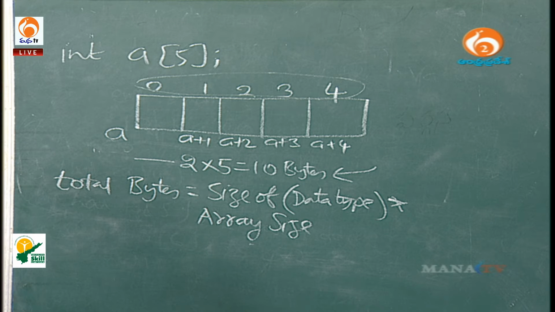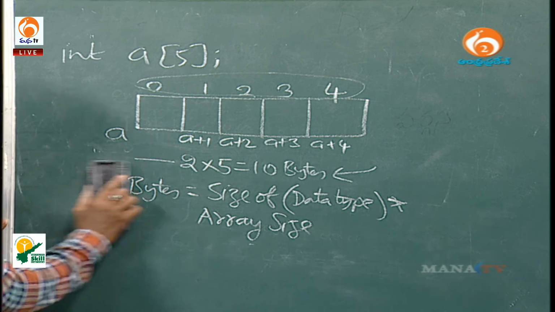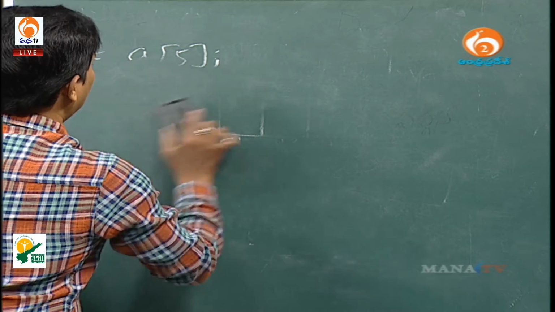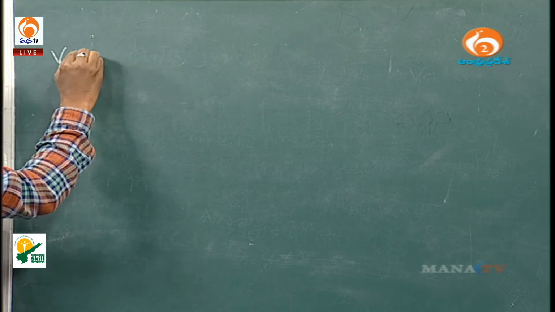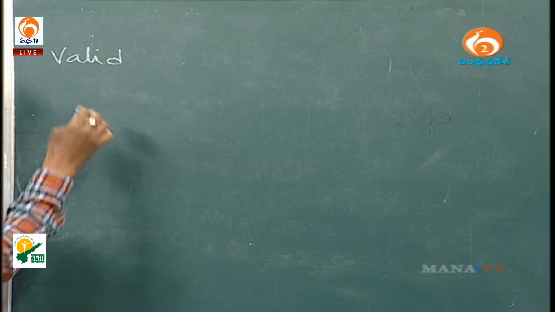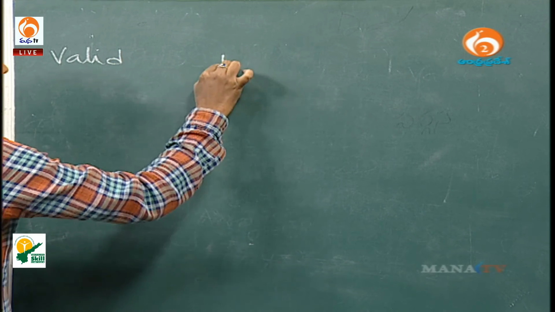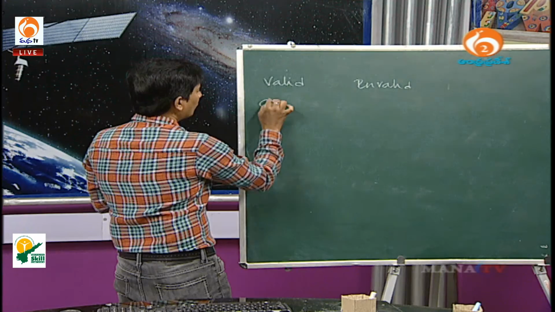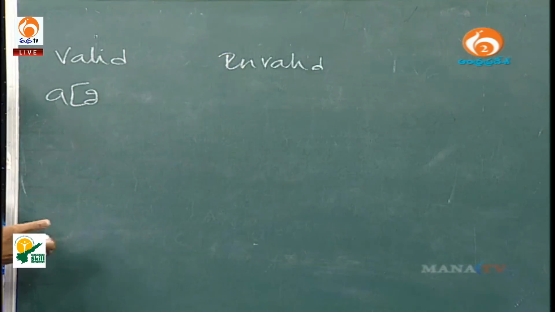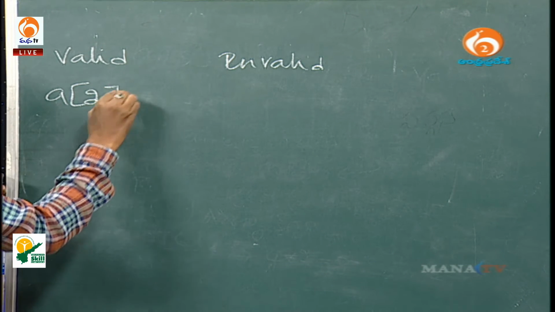Next slide we will see. Valid and invalid array declaration of sizes. A[2], it is okay.